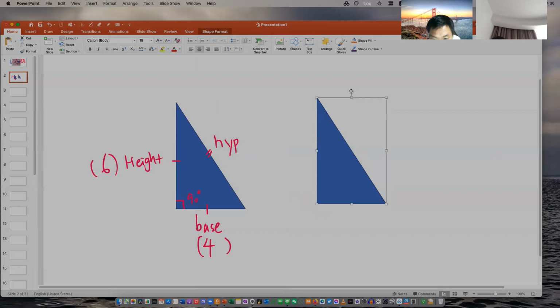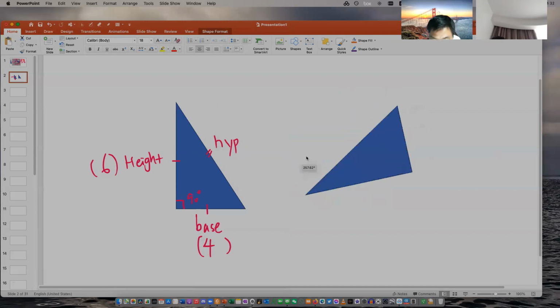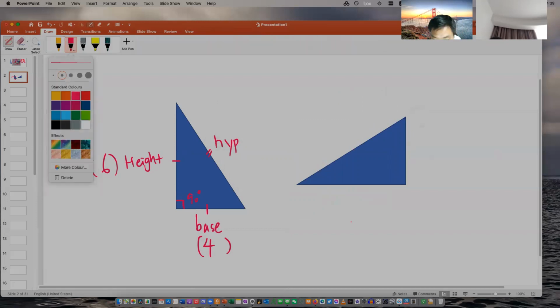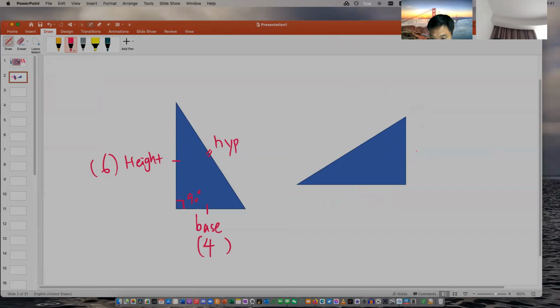No matter what you do, you can rotate it. Let's say you rotate it. In this case, you can take this as the base and this as the height, because you have rotated it already.